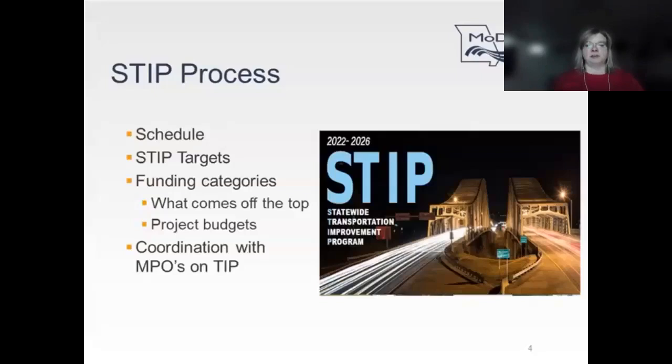Asset management funds are used for projects such as pavement resurfacing, typical bridge improvements, or mobility projects such as ADA access, signing, or lighting improvements. Safety funds are used for safety-oriented projects which help to implement facets of the Strategic Highway Safety Plan.